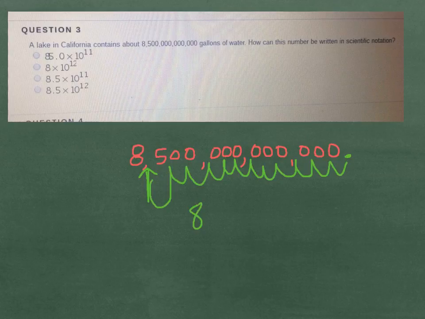So the answer is 8.5 times 10 to the 12th power, because you had to move 12 times to get that decimal in the right spot. So that is answer choice 4, the last one.